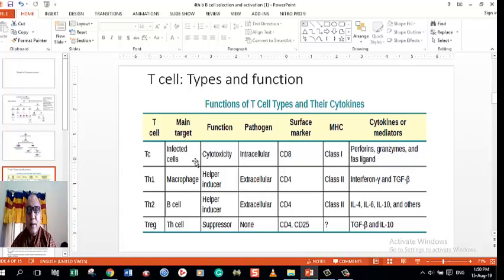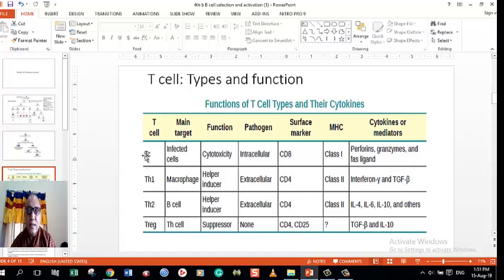One thing that you have to keep in mind is that the surface of the cytotoxic T cells will have the protein surface receptor CD8, while T helper cell 1 and T helper cell 2 will have the surface receptor CD4.